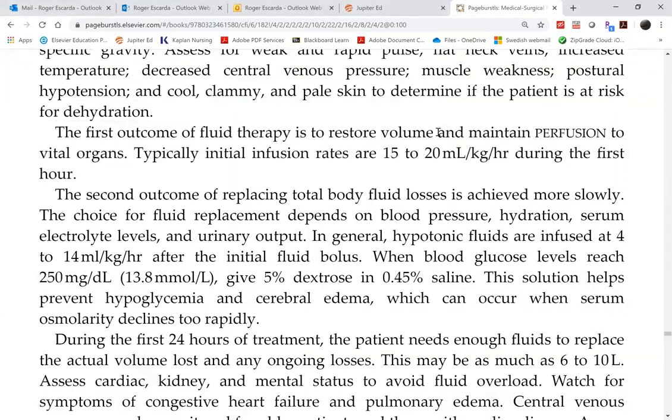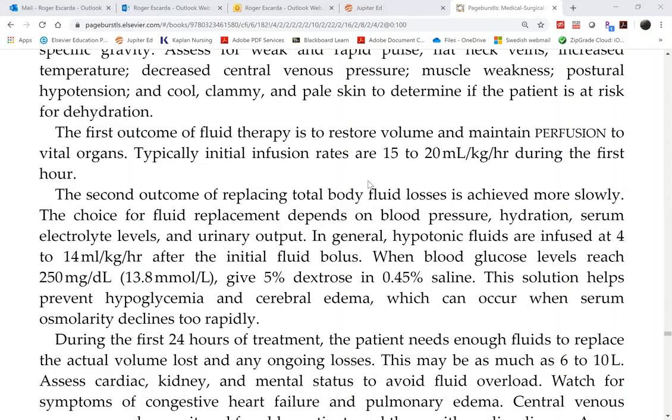The first outcome of fluid therapy is to restore volume and maintain perfusion to vital organs. Typically, initial infusion rates are 15 to 20 mLs per kilogram per hour during the first hour. So the first hour, what type of IV fluid are we expecting the doctor to order? Normal saline.